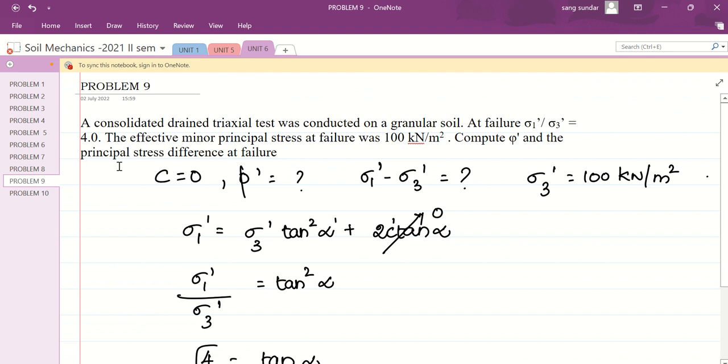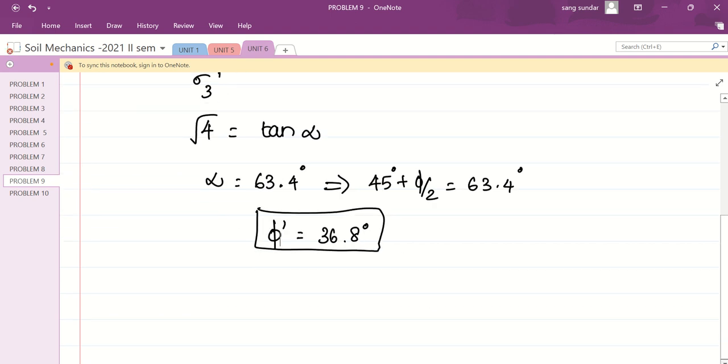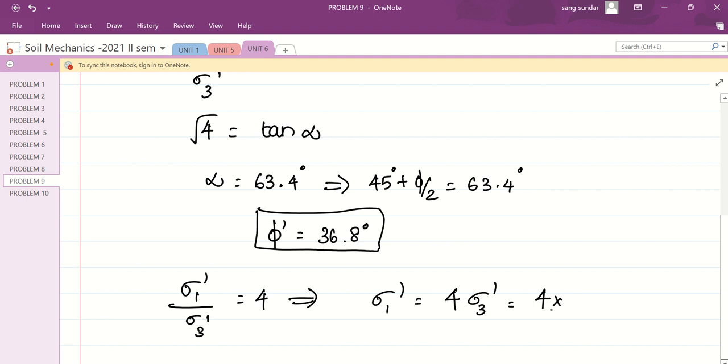The next one is, what is the difference between the principal stresses? Okay, it is very easy because they told sigma 1 dash by sigma 3 dash is equal to 4. Hence, sigma 1 dash is 4 times sigma 3 dash. How much is sigma 3 dash? It is 100 kPa as given in the question. So your sigma 1 dash is 400 kPa.